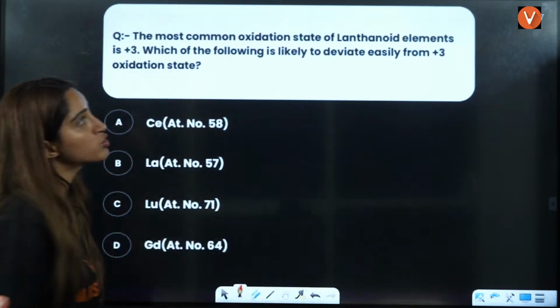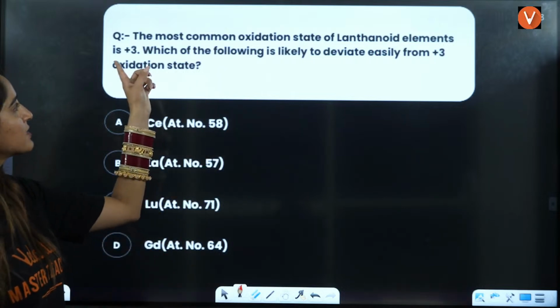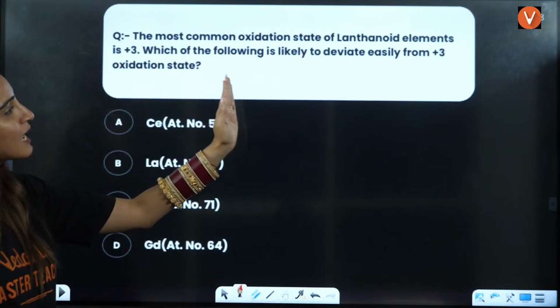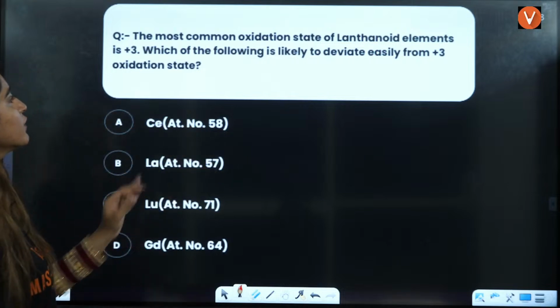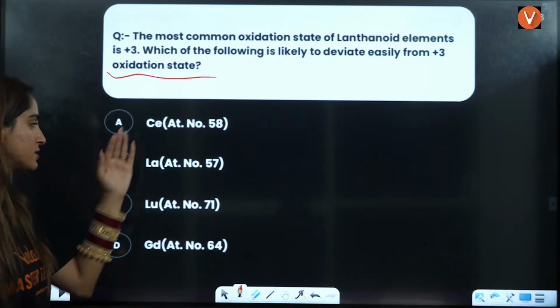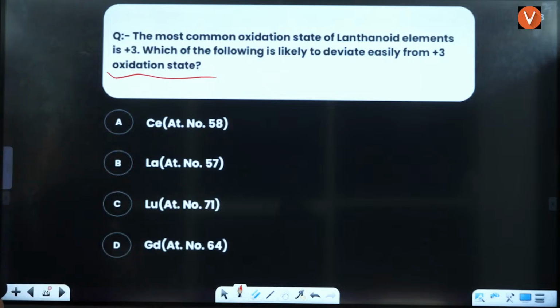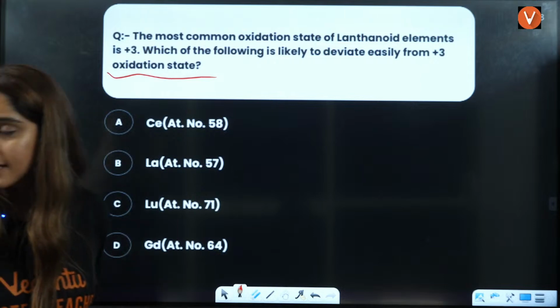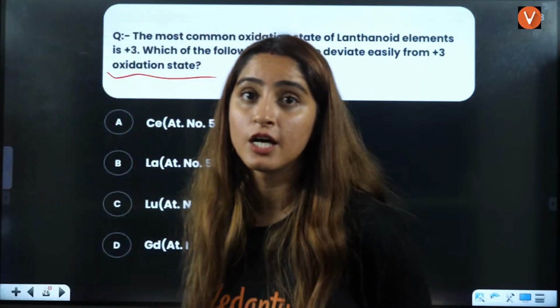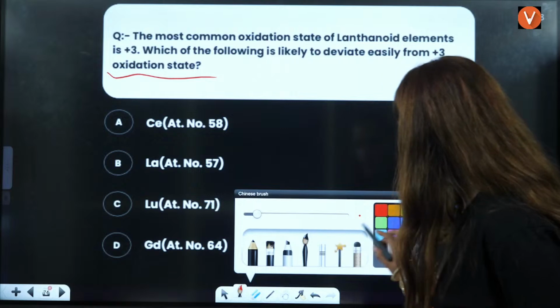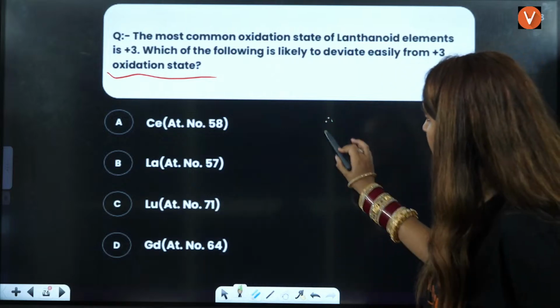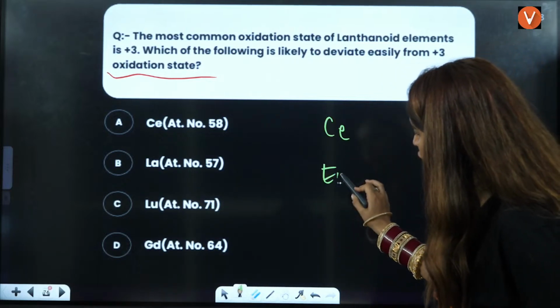Next is the most common oxidation state. They are asking you, the most common oxidation state of lanthanoid elements is +3. Which of the following is likely to deviate easily from the +3 oxidation state? Cerium, lanthanum, lutetium and gadolinium. Yes, students? So there are two major elements, that is cerium and europium.